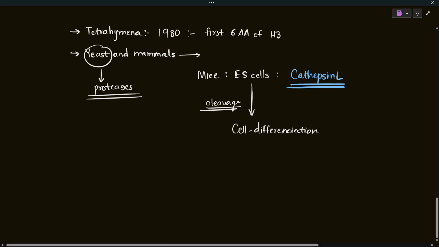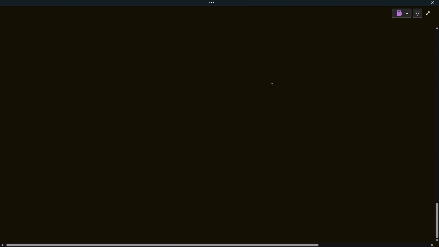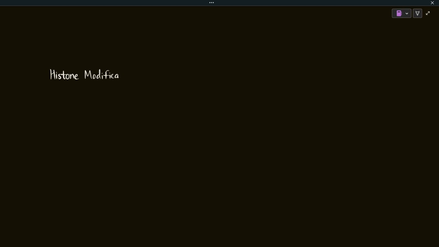So with this, we are done with histone modifications. Let's do a quick recap of all of the histone modifications, so that we will remember and be able to summarize everything. Histone modifications are the modifications done on histones. Those are post-translational modifications because obviously they are done after the translation.